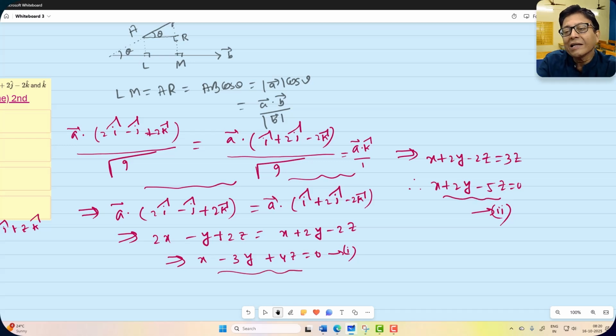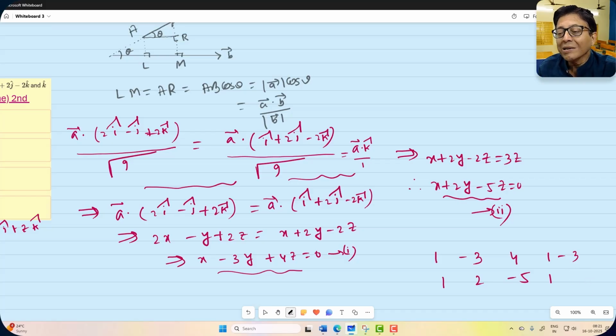So let us get the relationship among these three variables. x minus 3y plus 4z, you write the coefficients here: 1, minus 3, 4, and this is 1, 2, minus 5, then 1, minus 3. Wait a minute, this is going to be 1, 2, minus 5, 1 and 2.